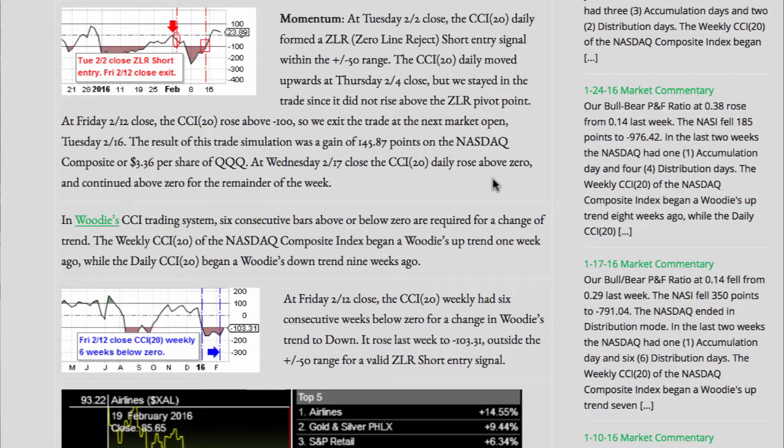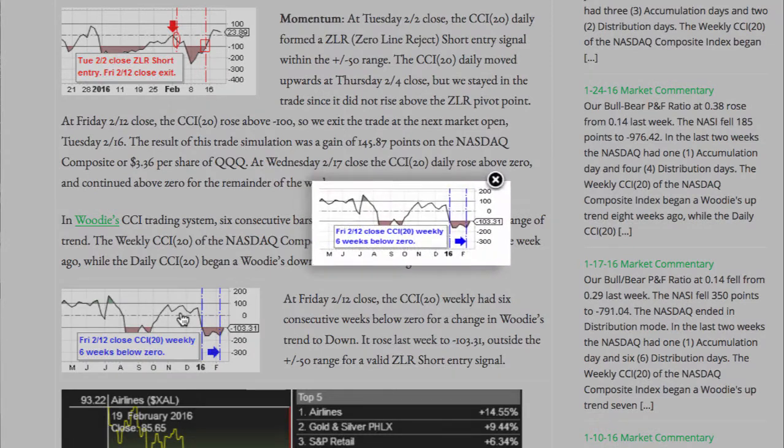At Wednesday, February 17 close, the CCI 20 daily rose above zero and continued above zero for the remainder of the week. In Woody's CCI trading system, 6 consecutive bars above or below zero are required for a change of trend. The weekly CCI 20 of the Nasdaq Composite Index began a Woody's uptrend 1 week ago, while the daily CCI 20 began a Woody's downtrend 9 weeks ago.